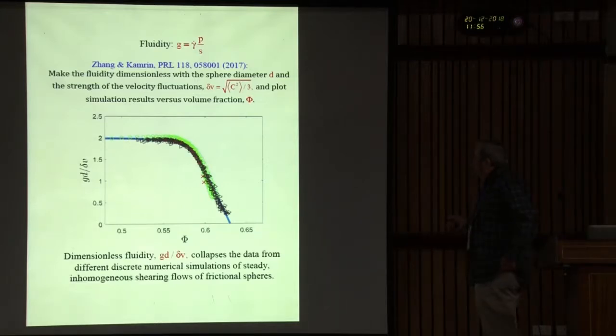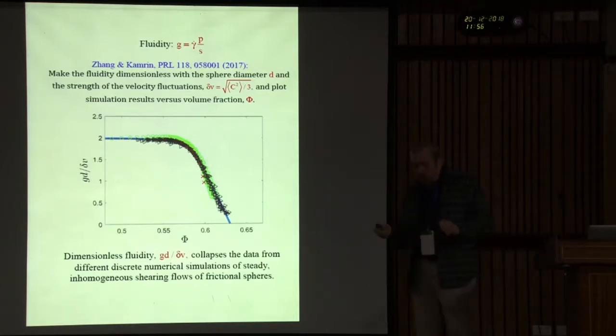And, well, I should say that in fact the simulations that they carried out were even more complicated than that system. It included inhomogeneous flows between bumpy vertical walls, shearing between bumpy horizontal boundaries in the presence of gravity.